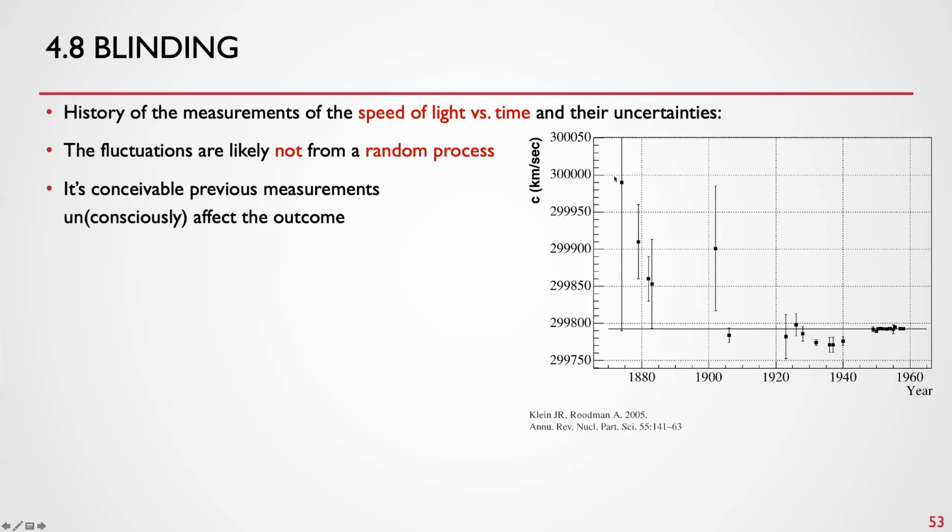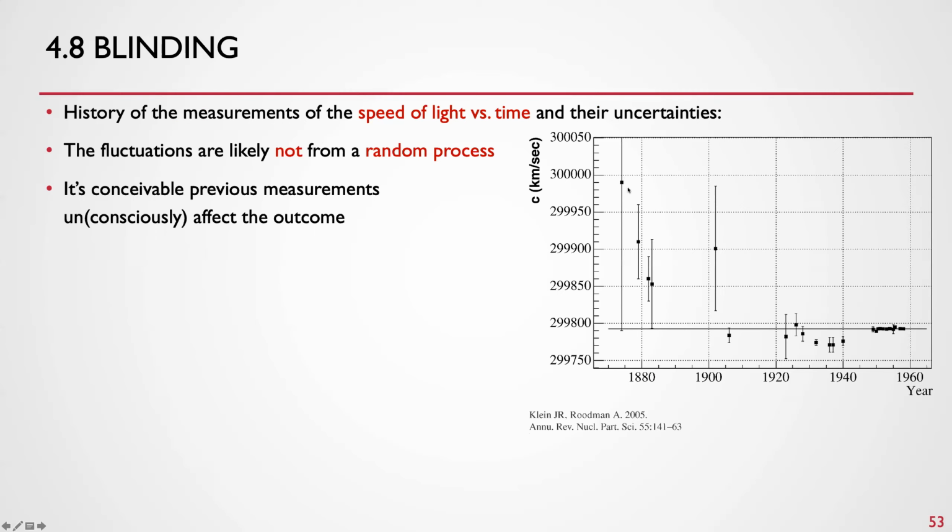See the fluctuations of the speed of light from the measurements in the 1880s. 300, that's when the first measurements were starting to become accurate. You can look at the y-axis here. It does not have a larger spread, but still. So the first measurement was close to 300,000 kilometers per second.